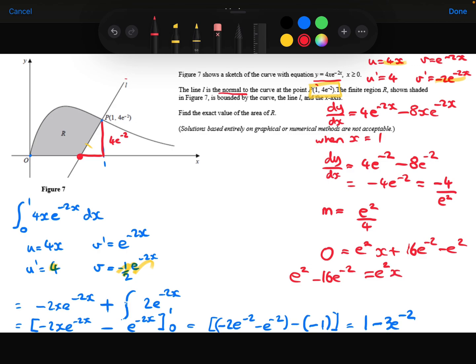And then if I divide both sides by e squared, which I can simplify that a little bit because the e squared divided by the e squared will just be 1. And the e to the minus 2 divided by e squared will be e to the minus 4. So that is my x coordinate here.